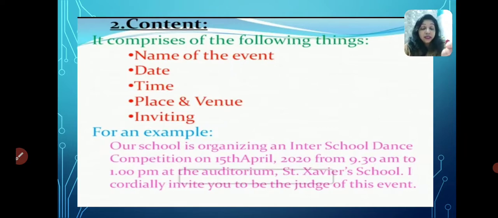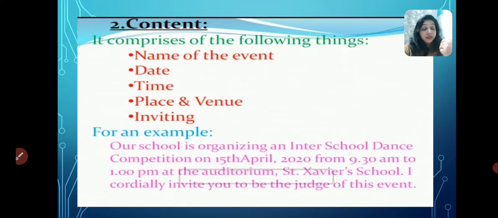A school is organizing an inter-school dance competition. What is the name of the event here? Inter-school dance competition. Date: on 15th of April 2020, time from 9:30 a.m. to 1 p.m. At the auditorium is the place, and the venue is St. Xavier's School.